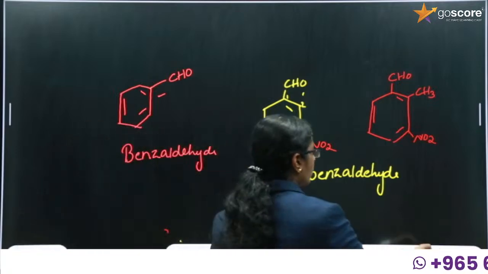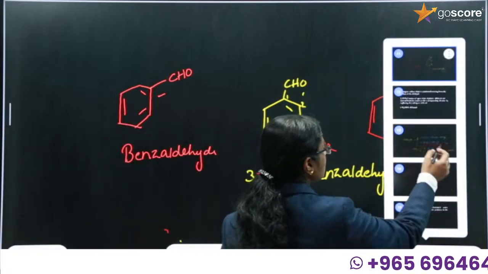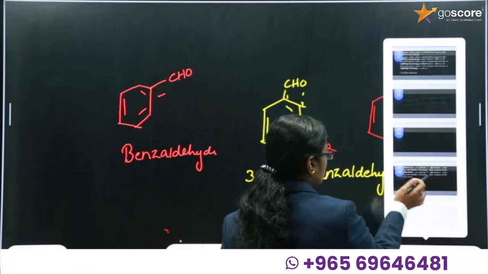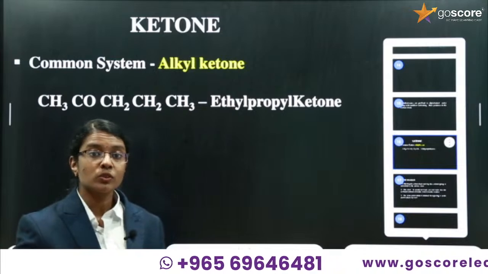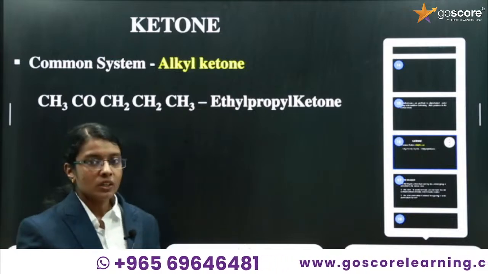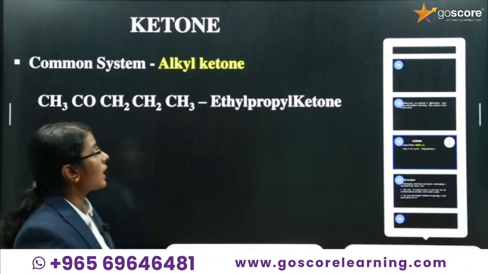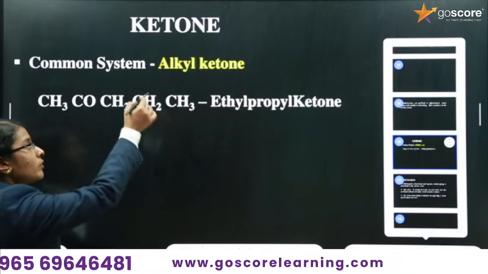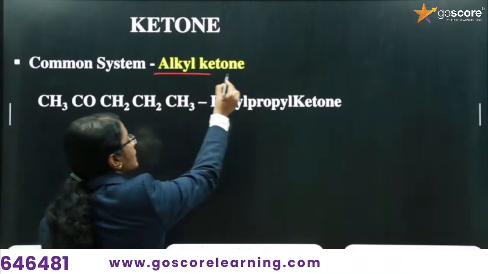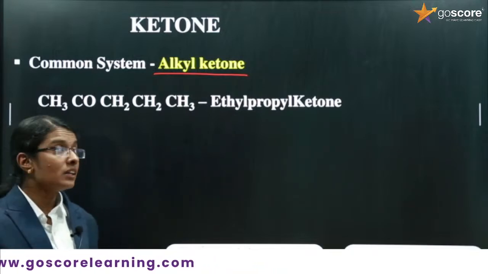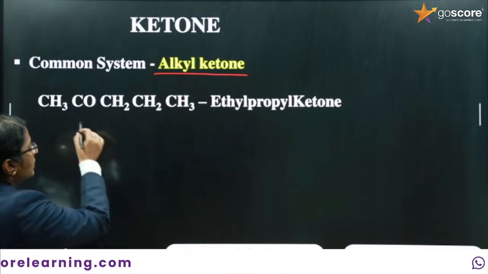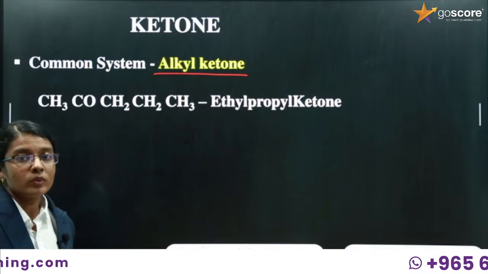Next we are moving to the naming of ketone. Ketone also has a common name. The common name of ketone is alkyl ketone. What will be the name of this compound?